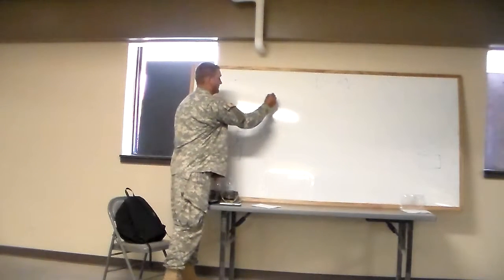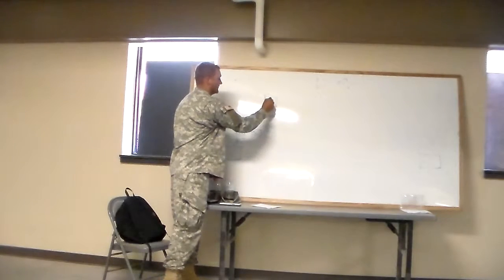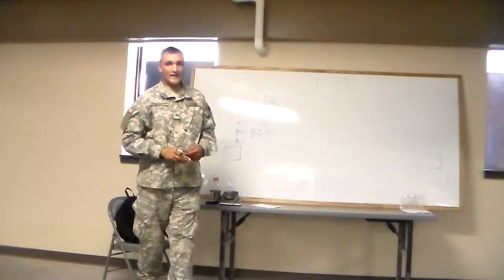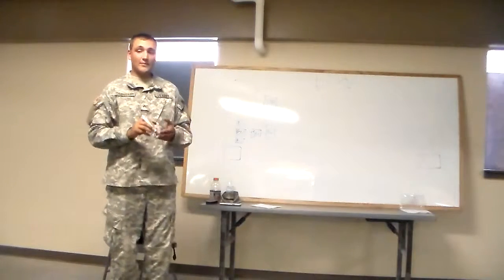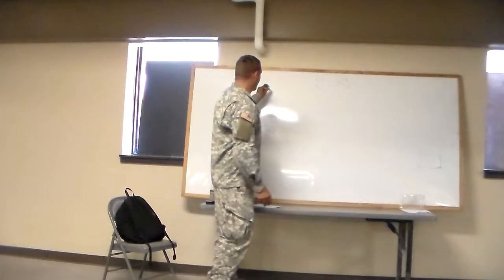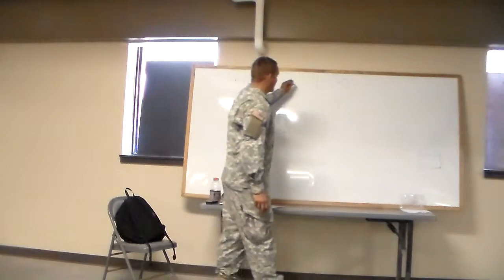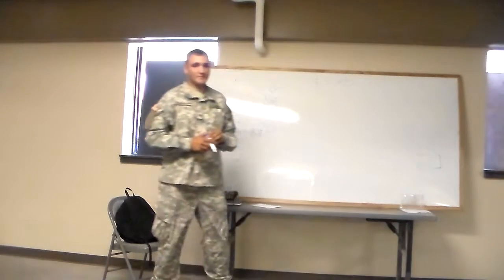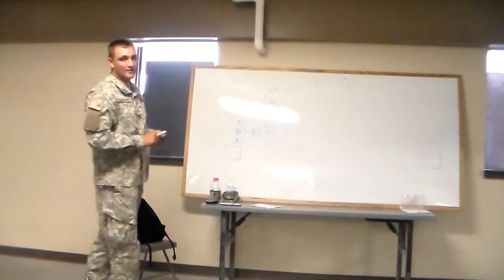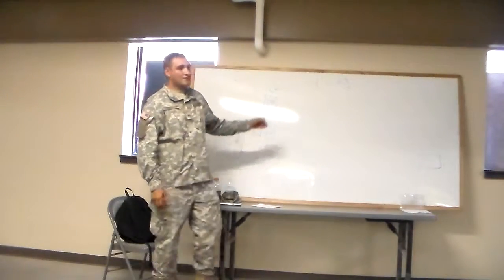So it takes it and sends it to an HPA, which is a high-powered amplifier. The high-powered amplifier gives it the power to get from your antenna to the satellite. And that is the uplink of your email to the satellite.